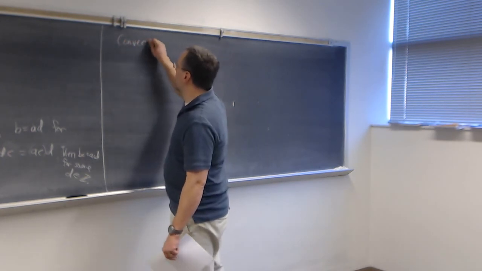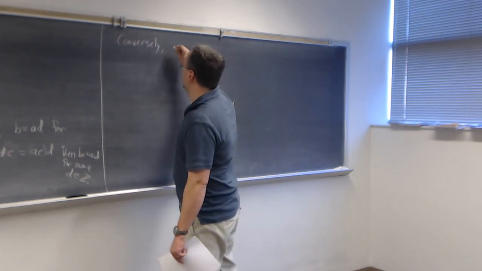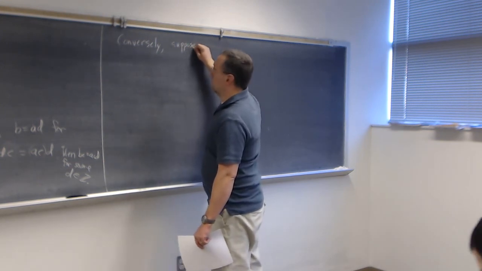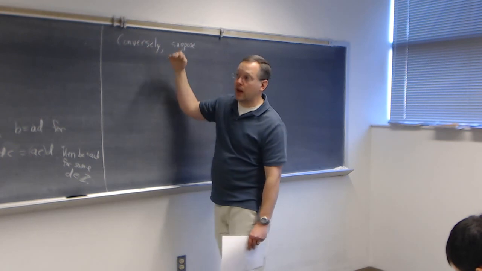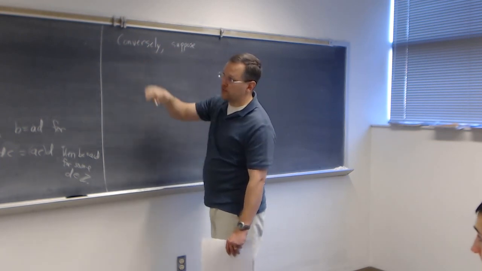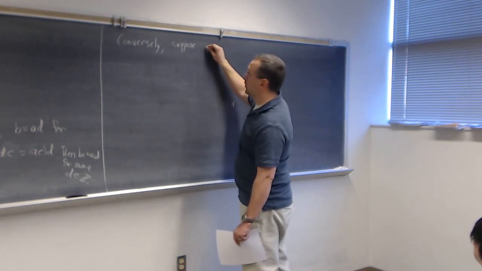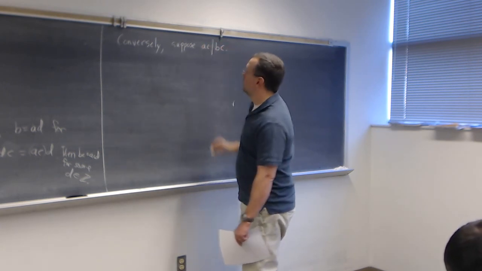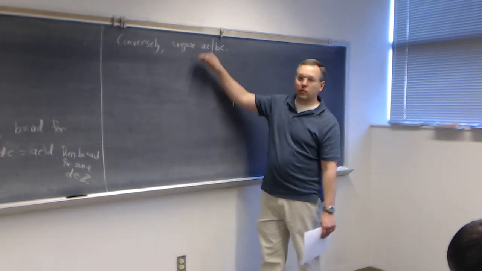Maybe start a new paragraph and say, conversely, suppose. That indicates I'm proving the converse now. I just proved P implies Q, now I'm proving the converse, Q implies P. Conversely, suppose AC divides BC. When will I be done with this half?